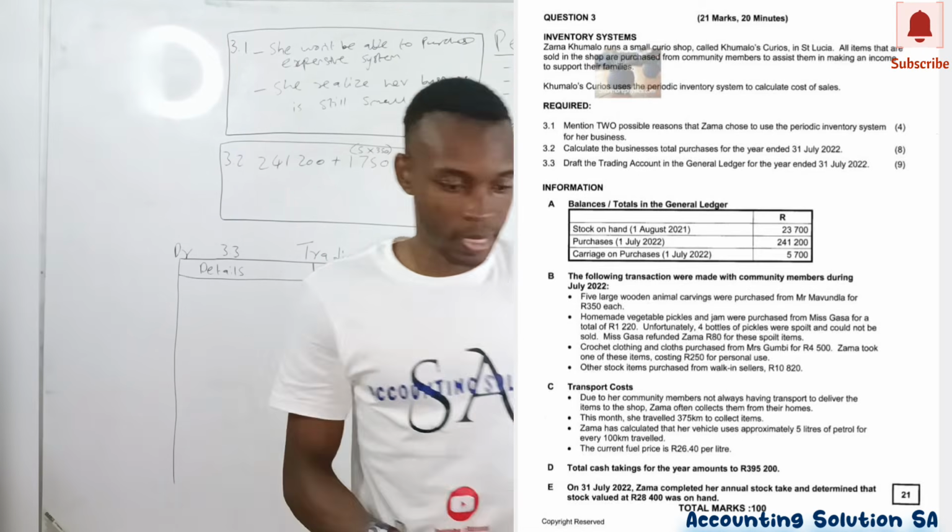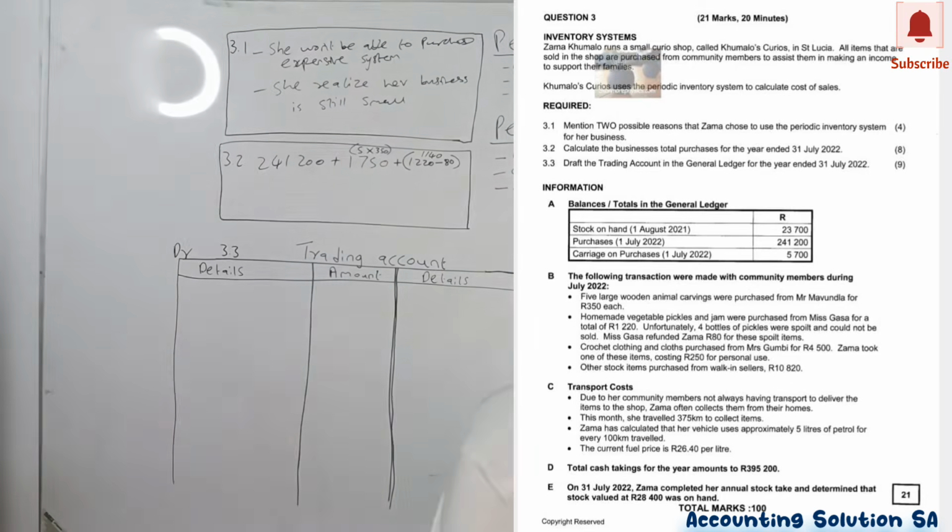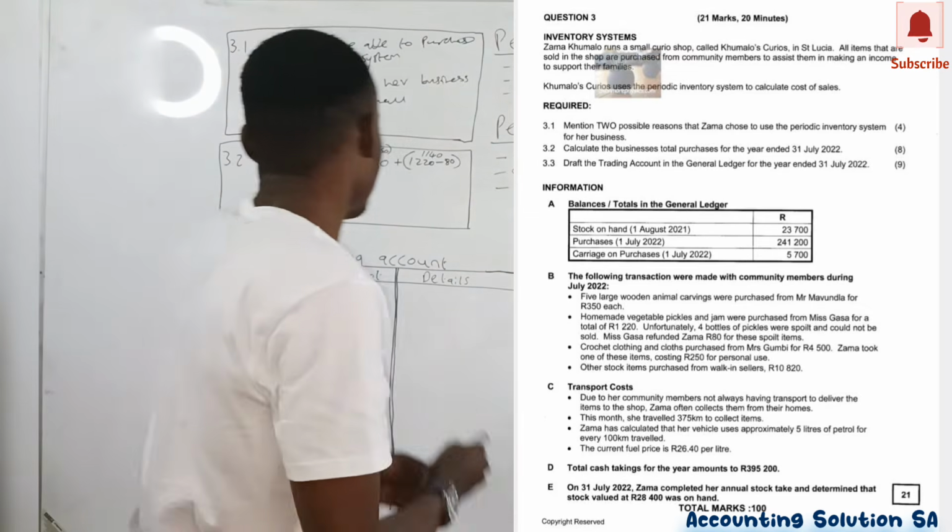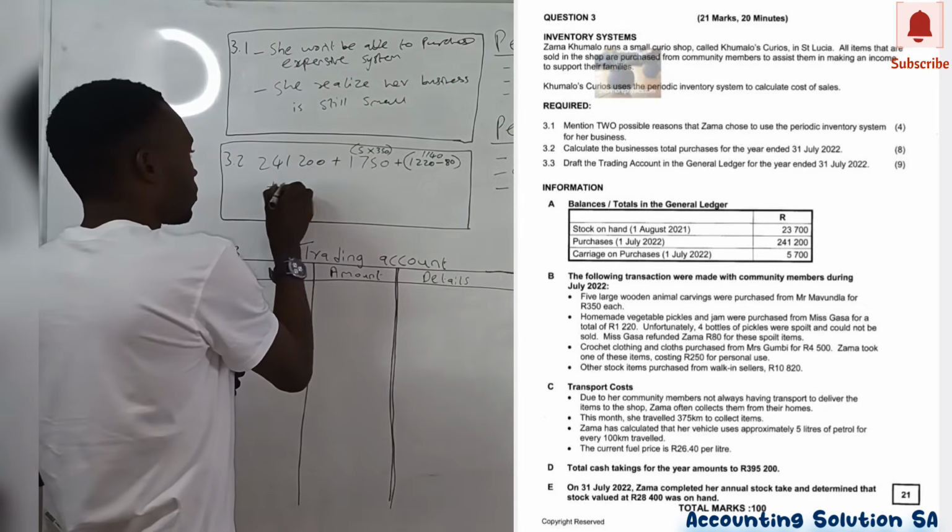To subtract it. Okay, so which means that we are going to take an amount of 4,500 and we subtract 250 and we are left with 4,250.